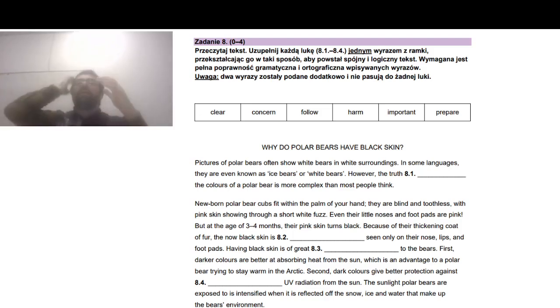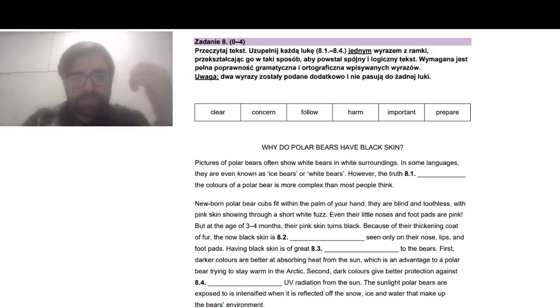And that's why it's really important to read the sentence after you fill the gap. So you will hear in your head how everything comes together and if it makes logical sense and if the structure is logical and smooth. Okay, now let's continue.